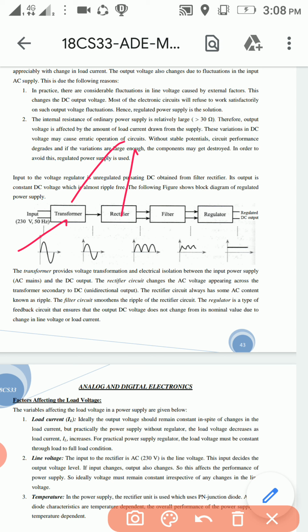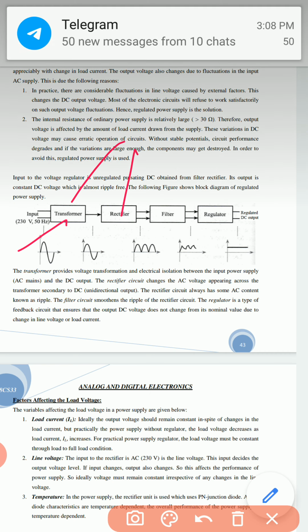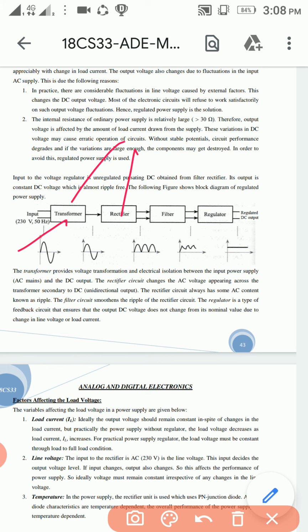Ideally the output voltage should remain constant in spite of changing load current, but practically, in a power supply without a regulator, the load voltage decreases as the load current increases. For a practical power supply, the regulator must keep the load voltage constant from no load to full load condition.